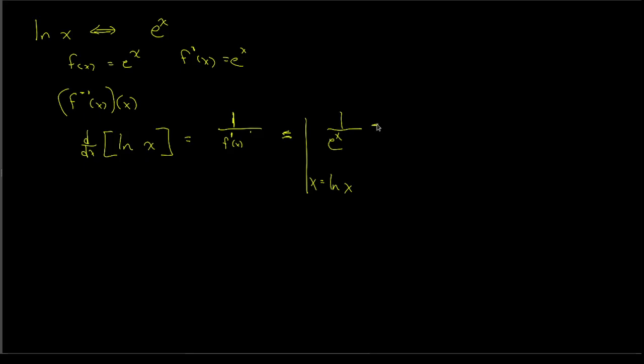And this tells us that we get 1 over x, because e to the ln x, these cancel out and leave us with x. And so we now have that the derivative of the natural log of x is equal to 1 over x. And since inverses are very useful things for us, we'll fill in some of our derivative tables.